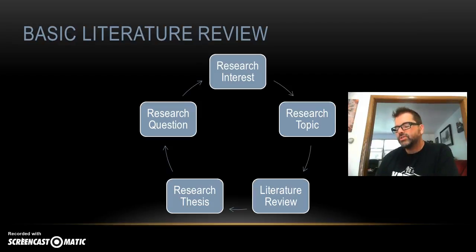So the research interest identifies a research topic. And then your research topic specifies and frames the literature review that you'll be conducting. And then from the literature review, you'll discover what's out there, and it will advocate or point the way to your research thesis. And then finally, your research thesis answers the research question, which should tie directly into your research interest.